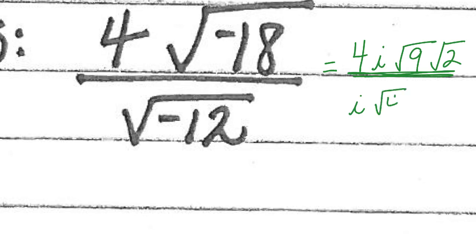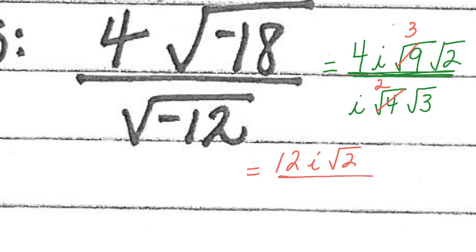And this is 4 and 3. So let's rewrite this. 2, 3. So on the top, I end up getting 12i root 2. On the bottom, it looks like I have 2i root 3.